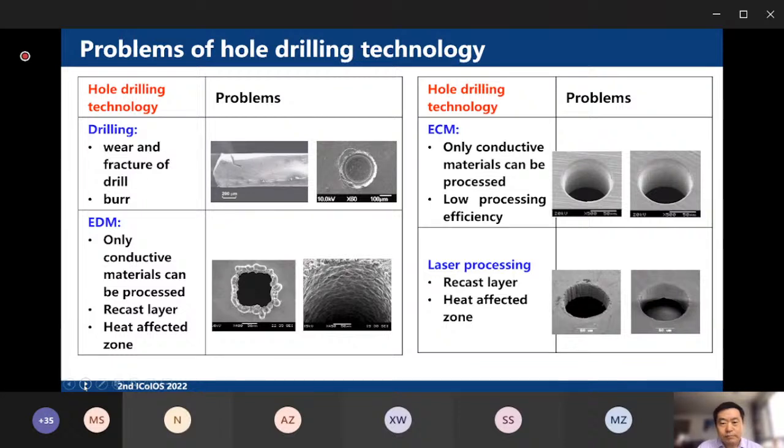For ECM, also only conductive material can be processed, and the processing efficiency is low, but it can get a very smooth surface. Laser processing also generates a recast layer and a heat-affected zone. So our research will combine ECM and laser processing. Please, next.